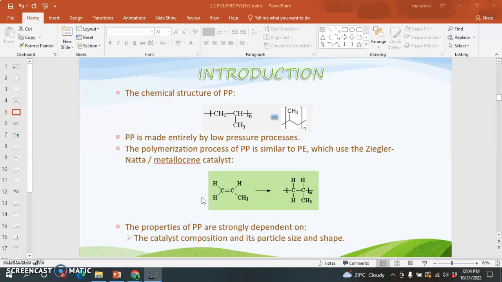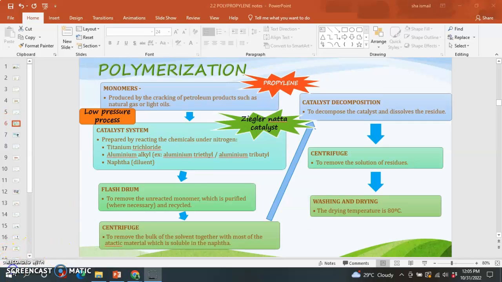The properties of PP are strongly dependent on the catalyst composition and its particle size and shape. Metallocene catalyst is the one we use to produce syndiotactic PP, the structure with alternating placement. Okay, this is a new polymer, which is very hard to produce.